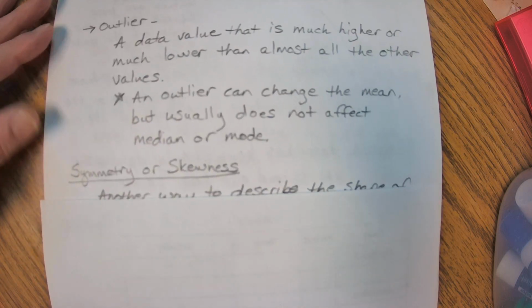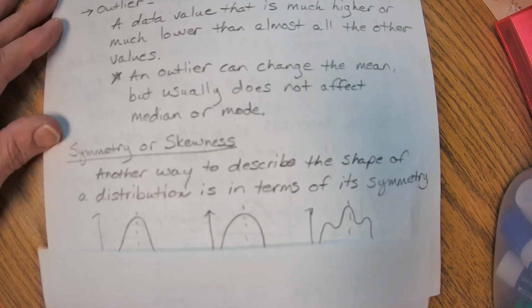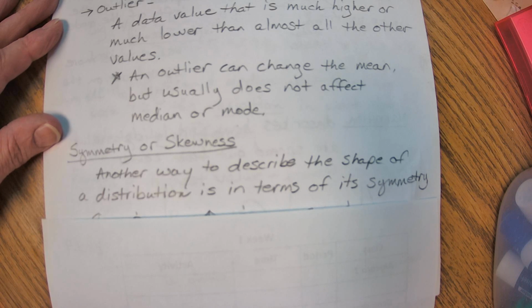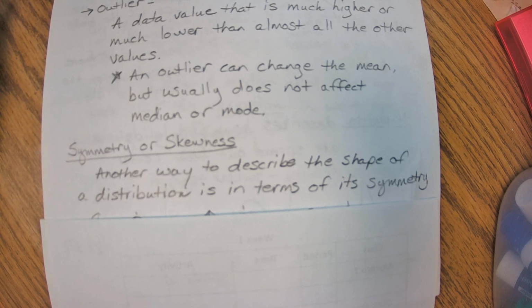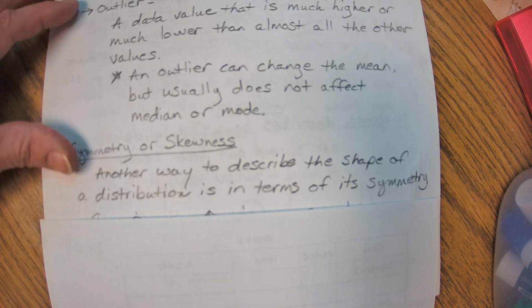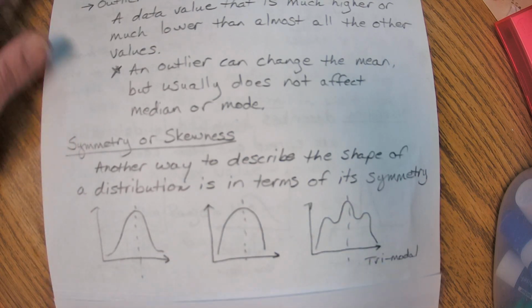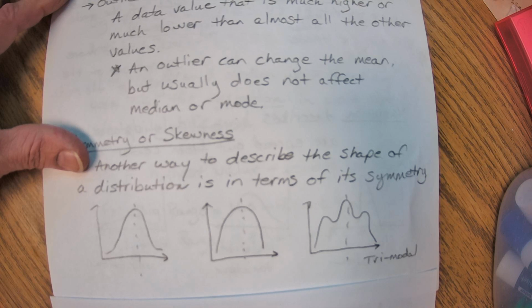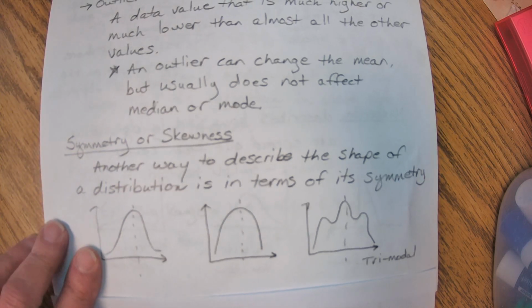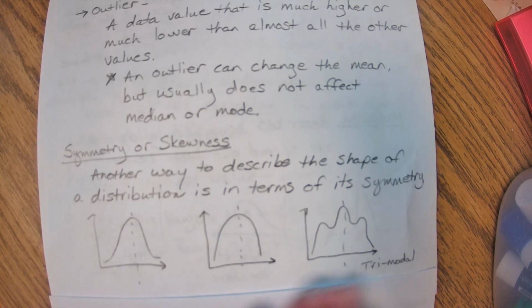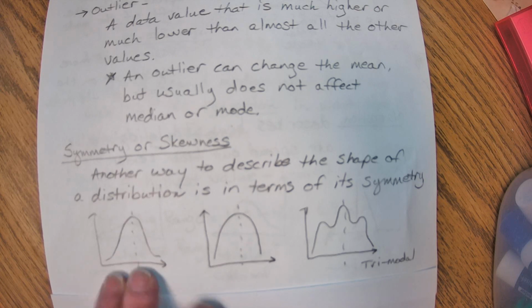The next little section talks about symmetry or skewness. Another way to describe the shape of a distribution is in terms of its symmetry. If we were to graph the values, and it looked like this, these are all very symmetric, right?